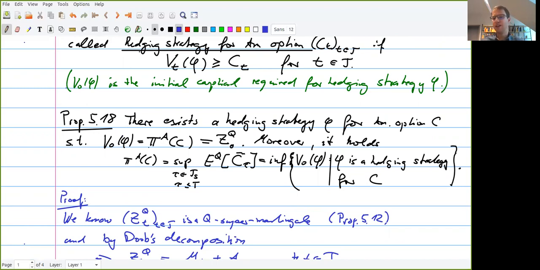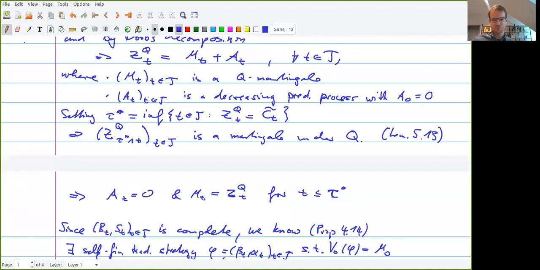So now we are left to prove this second statement, namely that the arbitrage free price is given by the minimal super-hedging price for the option C. So this means I cannot find a hedging strategy for initial capital which is less than the arbitrage free price of the American option. Okay.